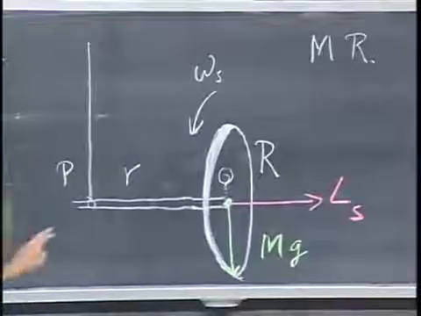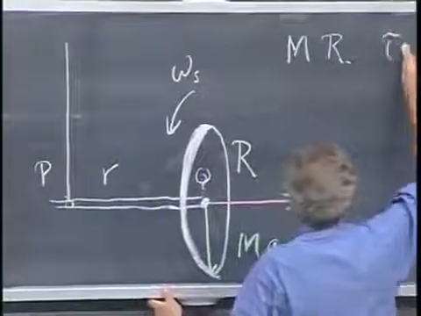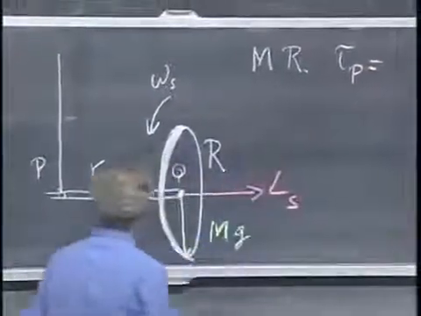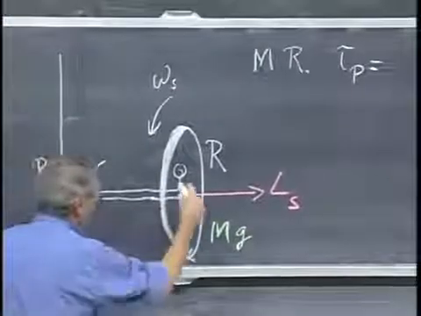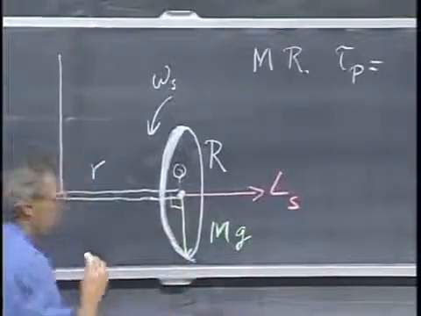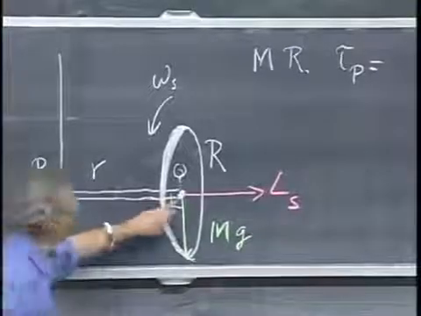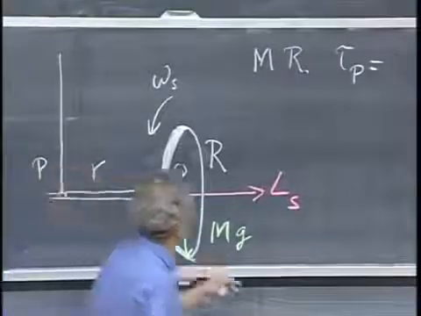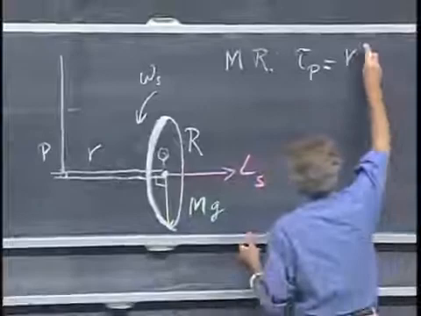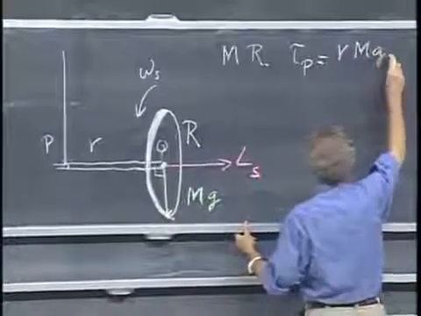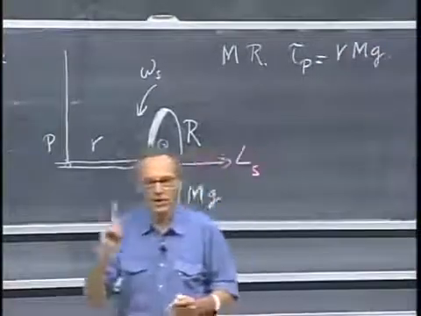So relative to point P, there is a torque. And the torque is R times mg. This is 90 degrees. So the cross product is nice. The sine of that angle is 1. So the torque relative to point P is R times m times g. In what direction is that torque?